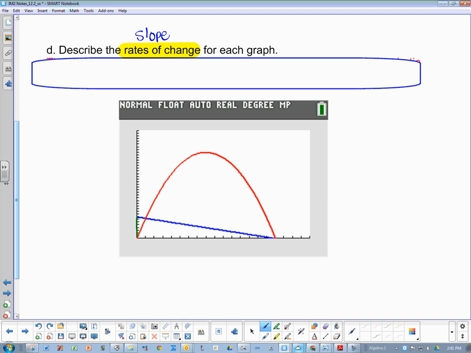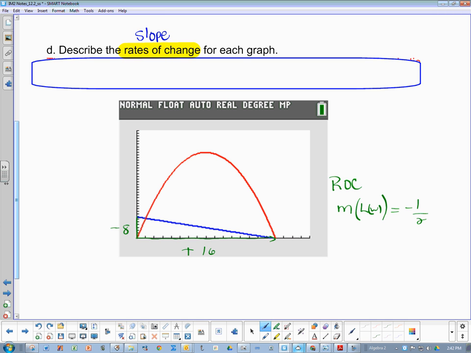I can rise, and that's a distance of 8, and then we can run all the way over to 16. Keep in mind, we went down 8, but then right 16. So my rate of change, meaning the slope, for that blue linear function, we'll call that L of W, is equal to -1/2.